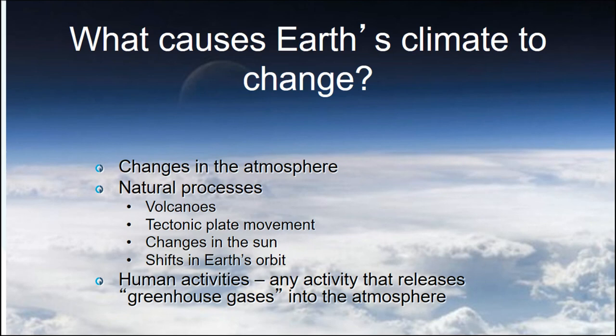The second thing that's going to cause our climate to change is activities that we do. Anything that releases a greenhouse gas into the atmosphere is going to cause that change. We might be directly or indirectly the cause of this as individuals. This includes burning fossil fuels, burning forests or grassland, industrial activities, and agriculture.